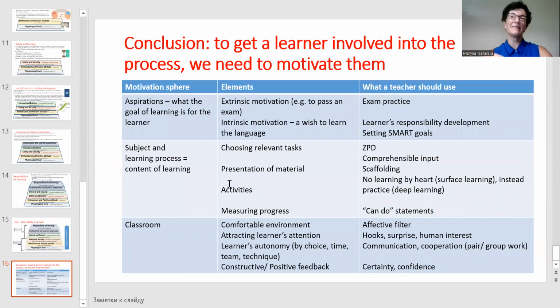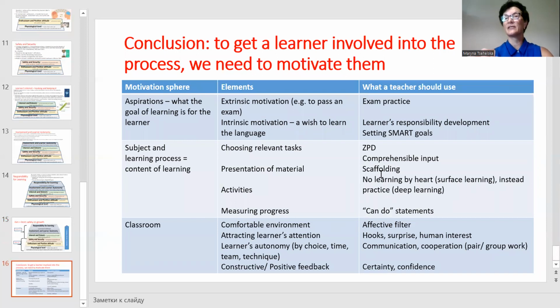So this is another table which I created a bit earlier, and it shows what we can do with our learners. So we set goals, we learn the subject, we think of what we need to teach them.